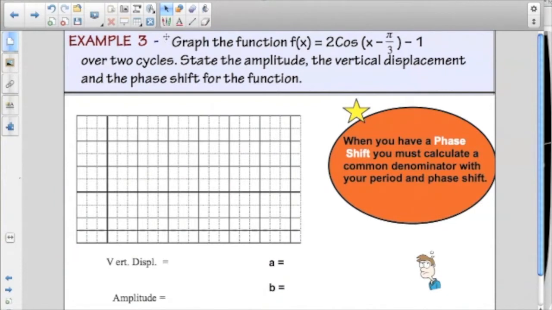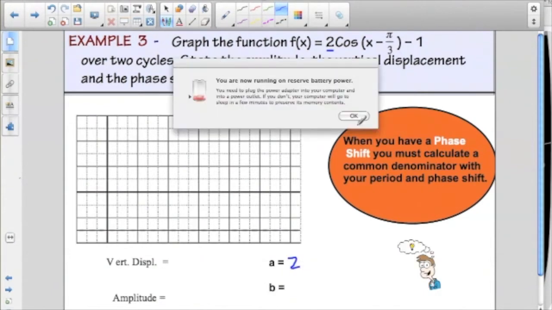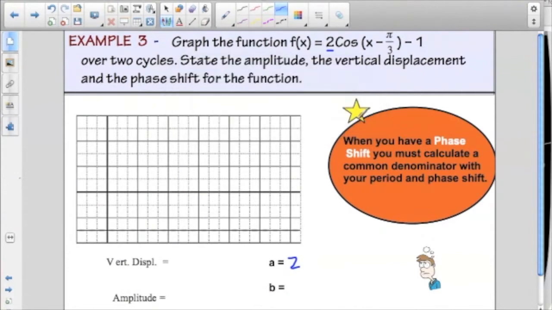Our A is right here at the front, so we put a 2. And our B is 1. If you look in front of the bracket, there is a 1 there.